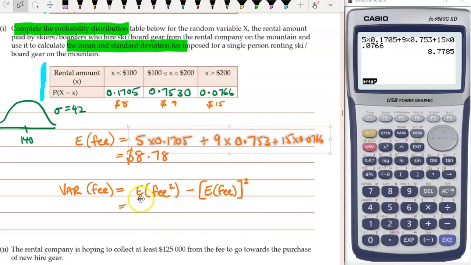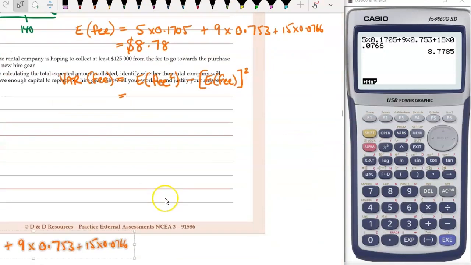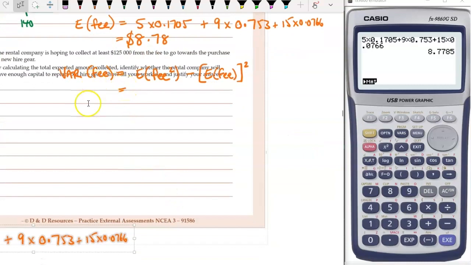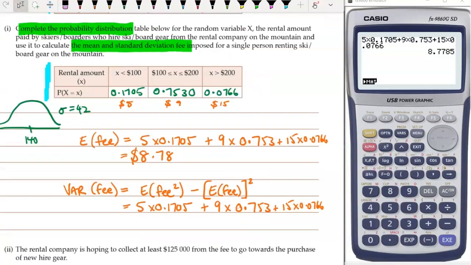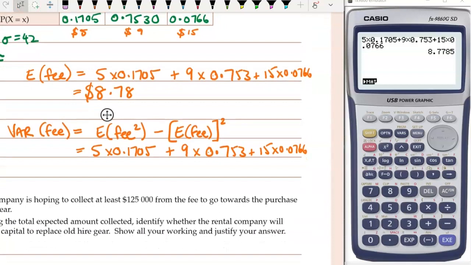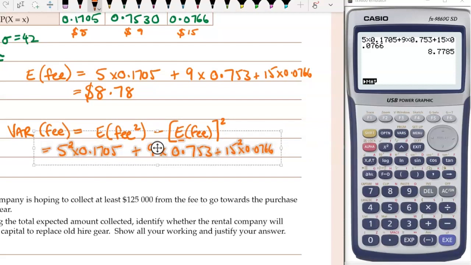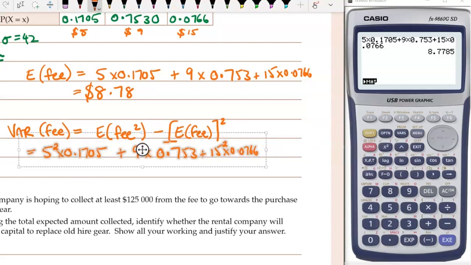I'm just going to paste it here. Give me 1 second and I'll fix that up. There we go. But the difference here is on each of these, we take the fee and we square it. Let me just move this over, because what we will do after that is take off the thing that we had above, which was the 8.7785 answer, and square that.